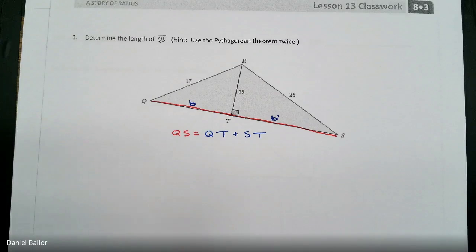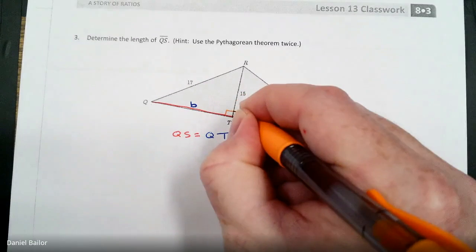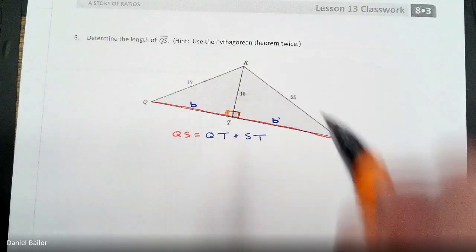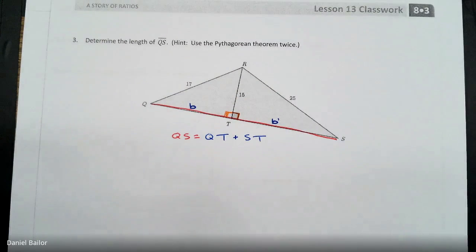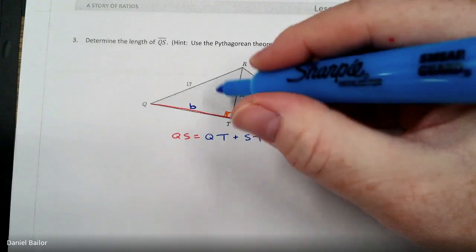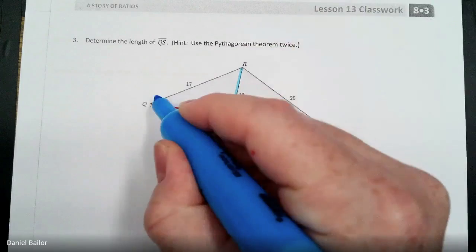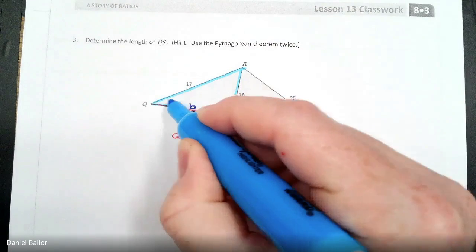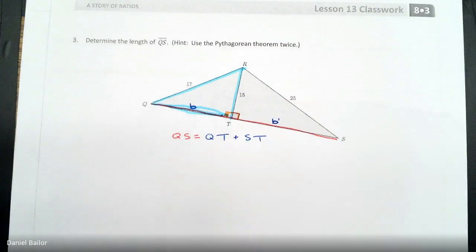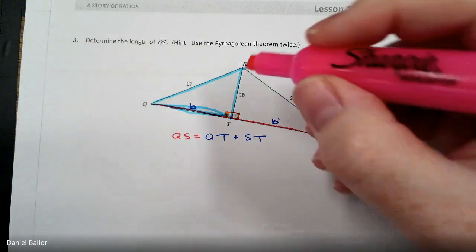So first, these are both right triangles. These are both right triangles. And let me show you both right triangles I'm talking about right here. We are going to use the Pythagorean theorem for both triangles. Oh, got a little bit crooked with my highlighting there.